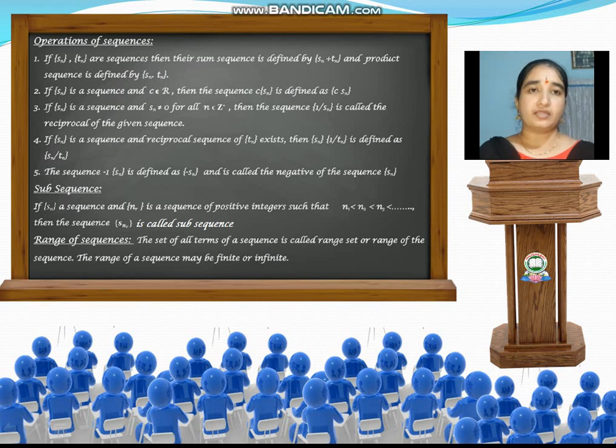Another operation is if you multiply a sequence with a negative value, then the sequence will become minus of something into Sn. So that is known as the negative of the sequence.